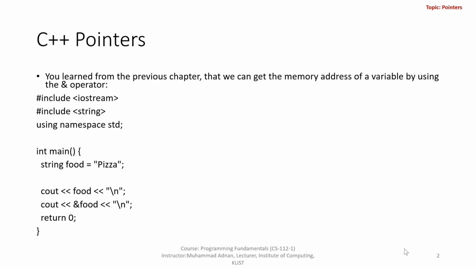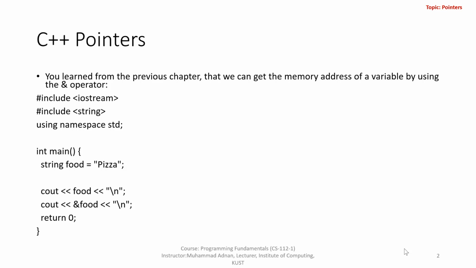You learned from the previous chapter that we can get the memory address of a variable by using the ampersand sign operator. In this example, we have a string variable called food with the value pizza. If you write cout, less-than signs, food, the value of food, which is pizza, will be displayed.